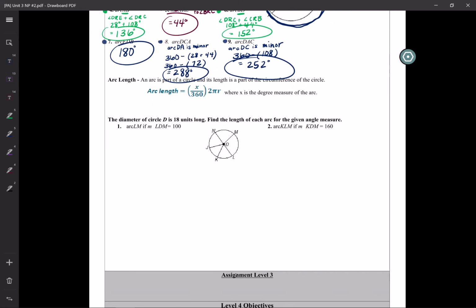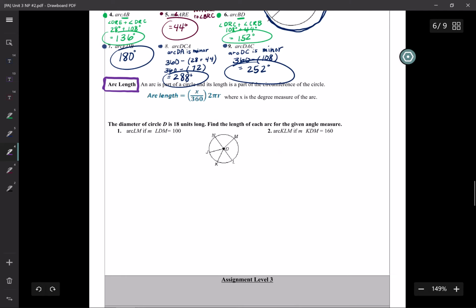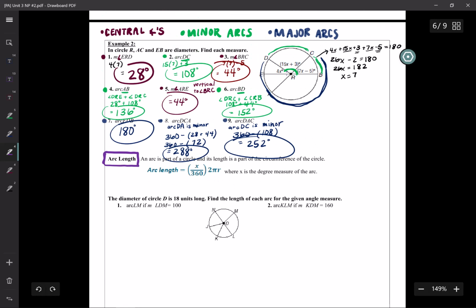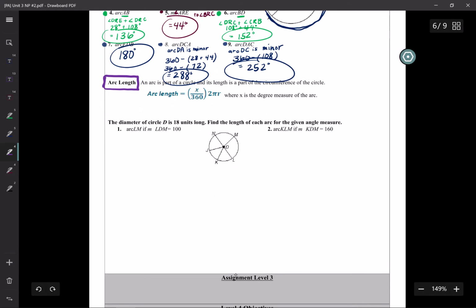When we think about arc lengths, what we truly think about is this idea that arc length is a part of a circle and its length is a part of the circumference. So when we think about measures, it's really just related to the angles, but when we look at the lengths, it's related to circumference, right? The perimeter of the circle.